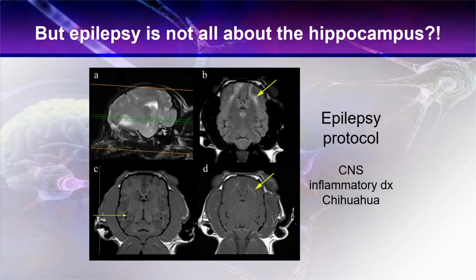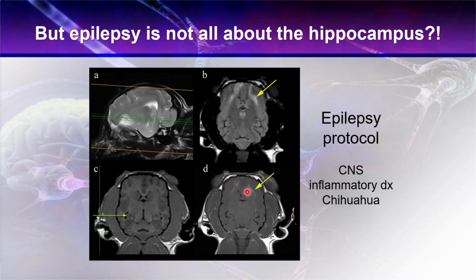And of course, epilepsy is not all about the hippocampus. So when we're doing an epilepsy protocol, then we also need to make sure that we're looking at other areas of the brain. And this is a chihuahua that was presented with seizures, but actually had inflammatory disease.